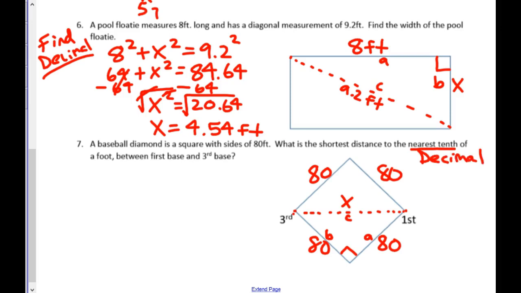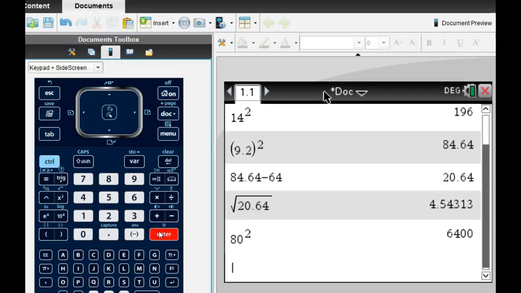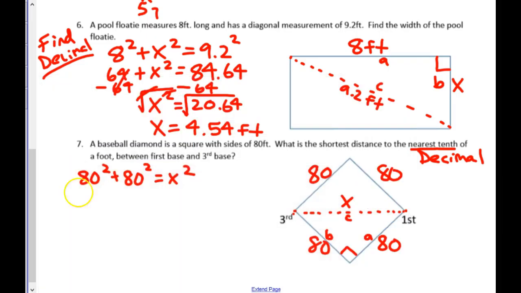Cool. So let's set it up. A squared plus B squared equals C squared. Now what is 80 squared? 6,400. By the way, these are all feet.